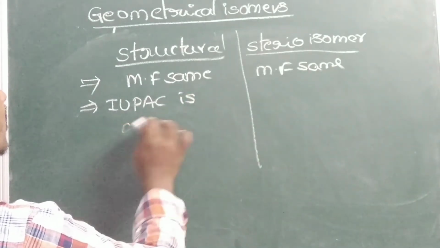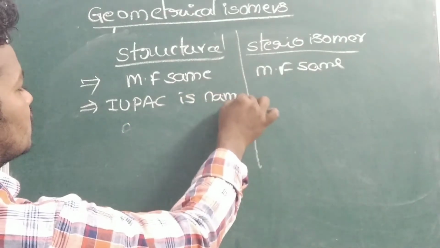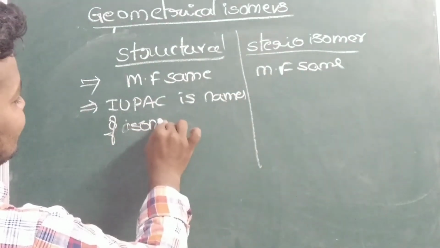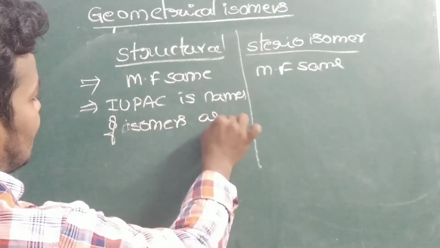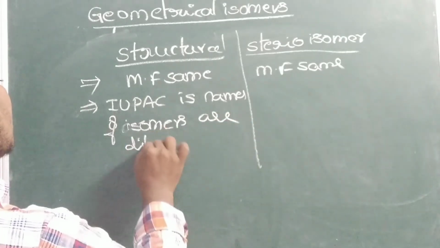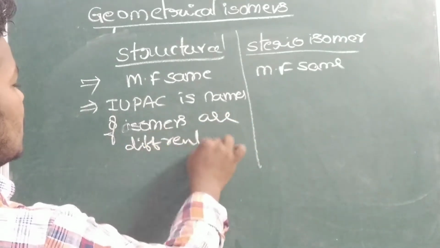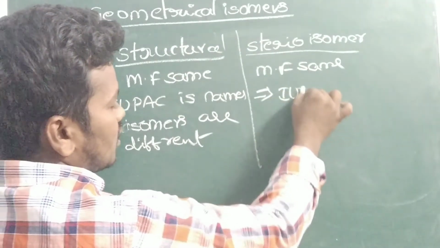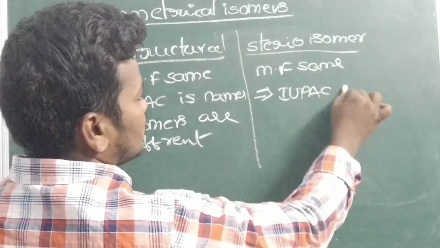IUPAC names of isomers, in this case, are different. IUPAC stands for International Union of Pure and Applied Chemistry.